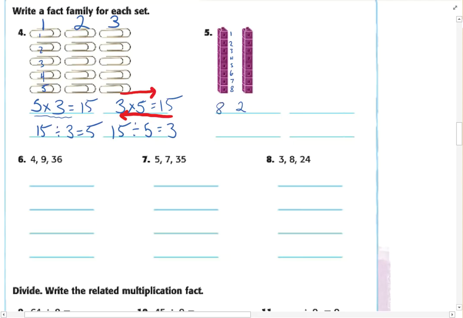So how many total? 8 times 2 equals 16, which I could also say as 2 times 8, and I still get 16. To write the division part of this, 16 divided by 8 equals 2, and 16 divided by 2 would then equal 8.